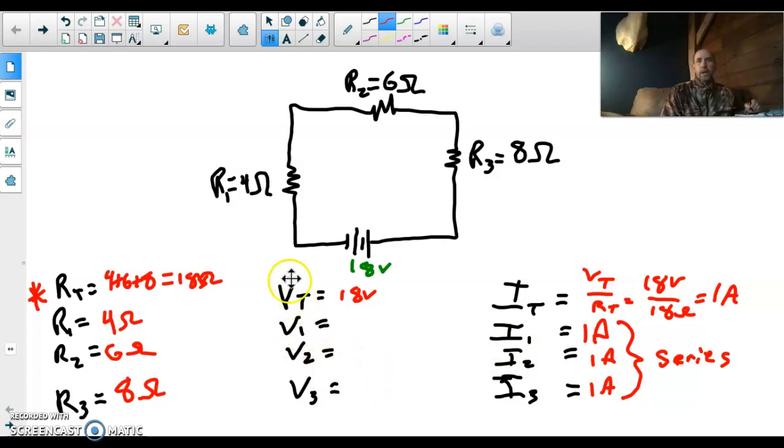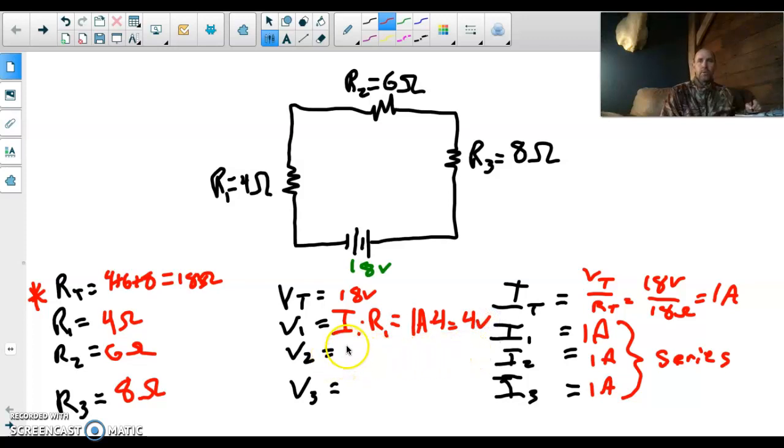So the voltage drop at number 1 is found by taking, remember the equation, this is in step number 4, it's I1 times R1, which is 1 times 4, which is 4 volts.